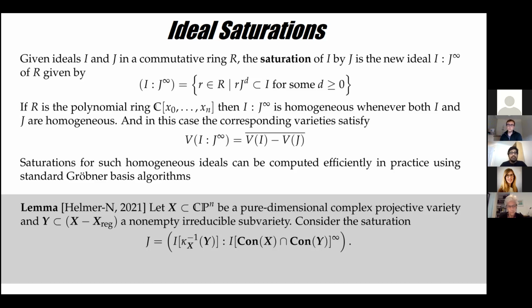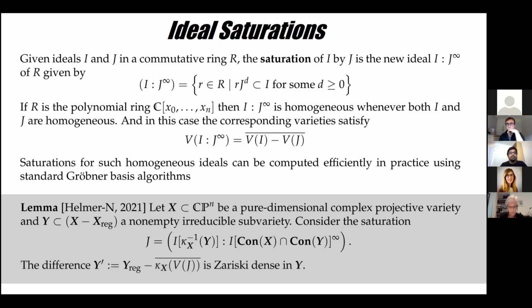Irreducible just means connected, non-empty means non-empty, and X minus X reg lies in the singular locus, so it's not in the top stratum. Now you consider the saturation, that mess. What we've done is we've taken the fiber over the conormal fiber of Y and saturated out this intersection of Con X intersect Con Y.